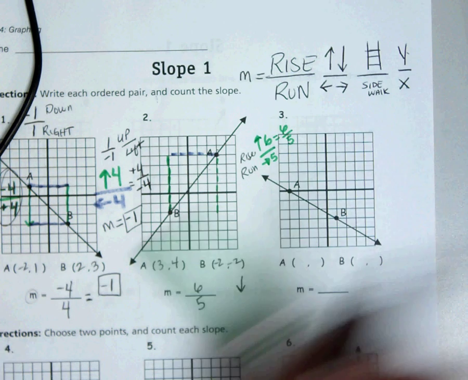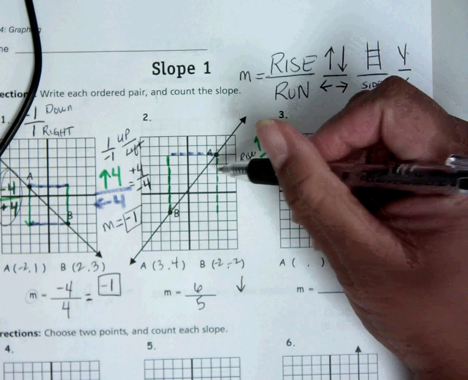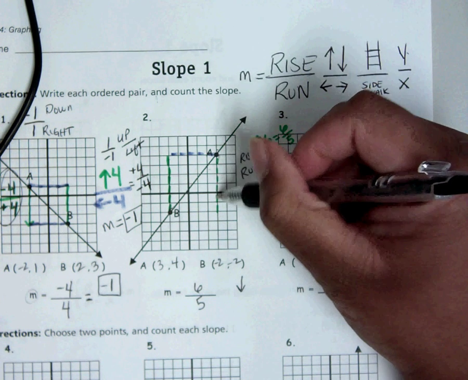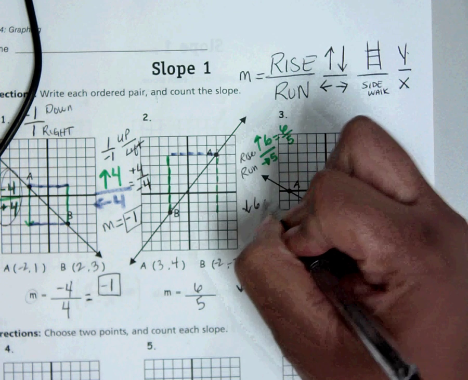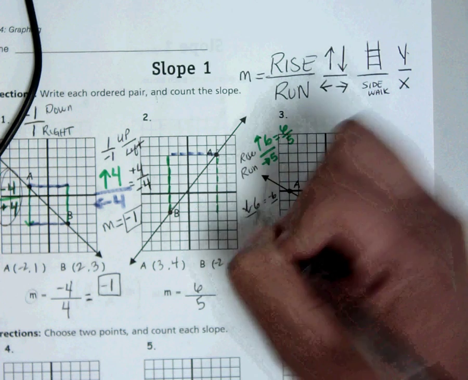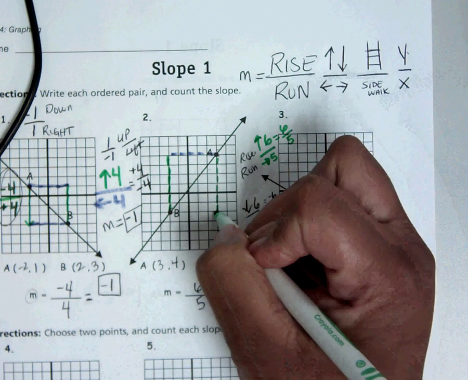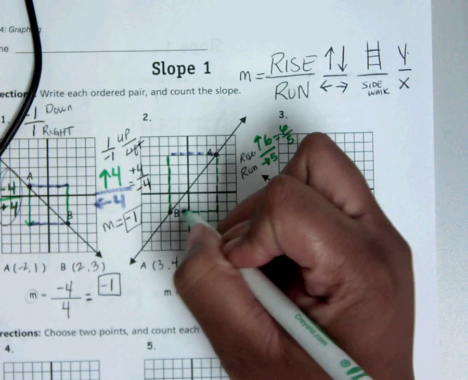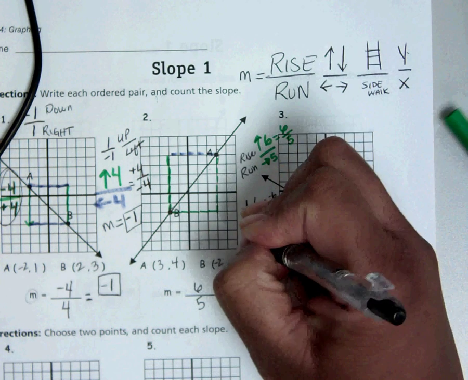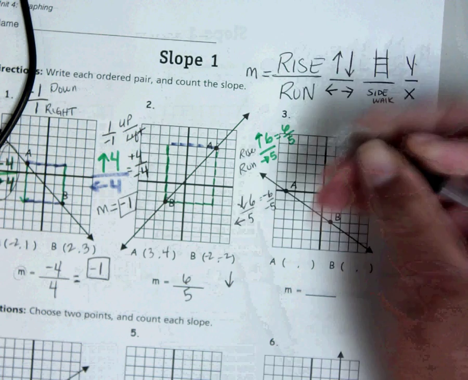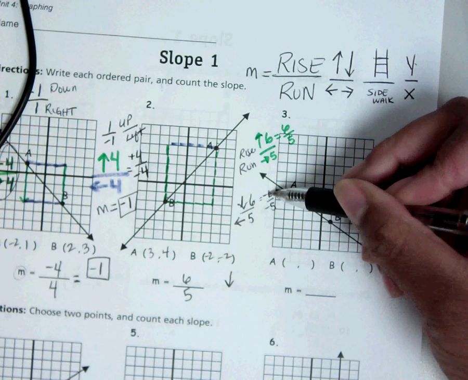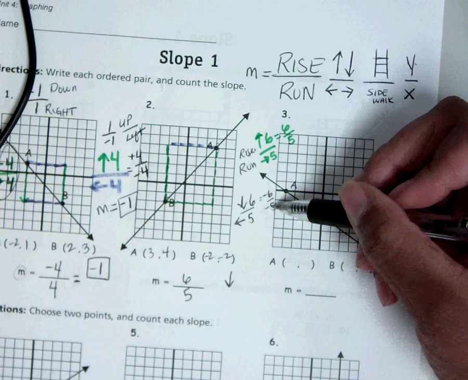That was Miss Major. Okay, so I'm going to go down 1, 2, 3, 4, 5, 6. That means negative 6. And then I'm going to go to the left 1, 2, 3, 4, 5. That's negative 5. So a negative divided by a negative, is that a negative or a positive?